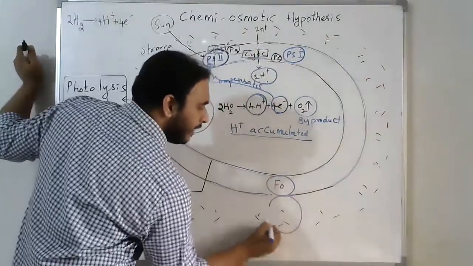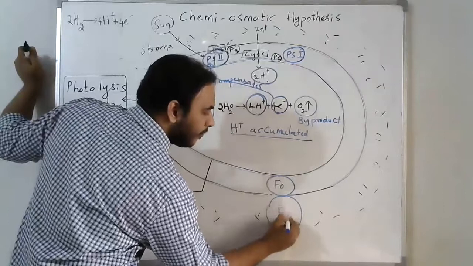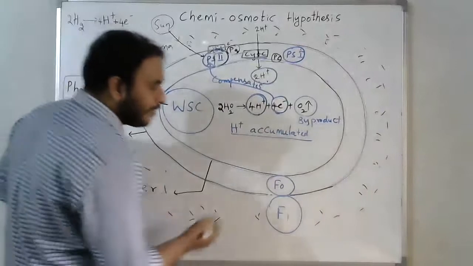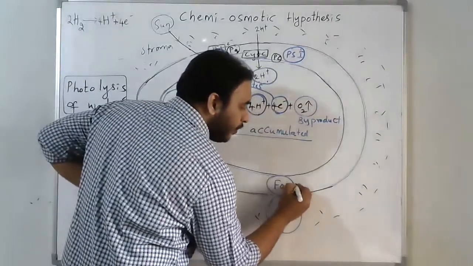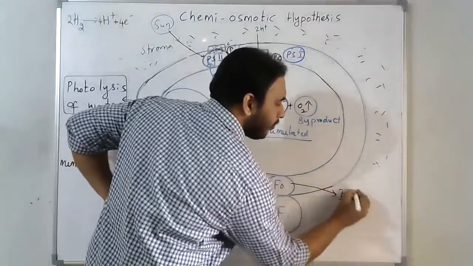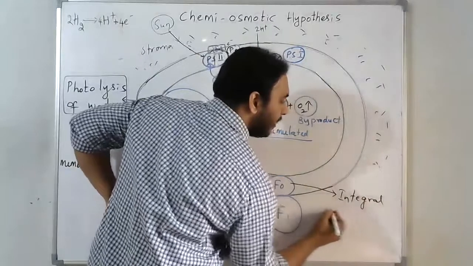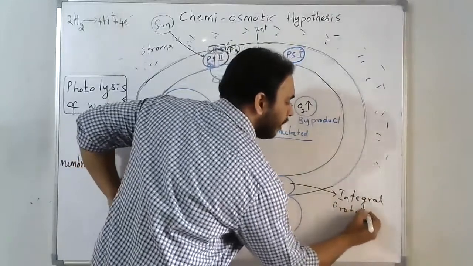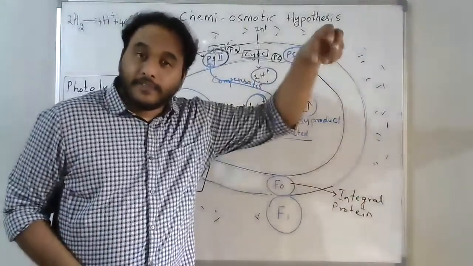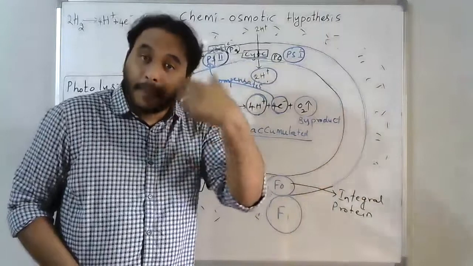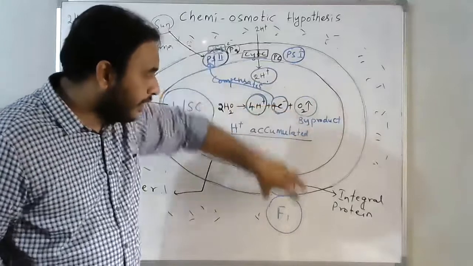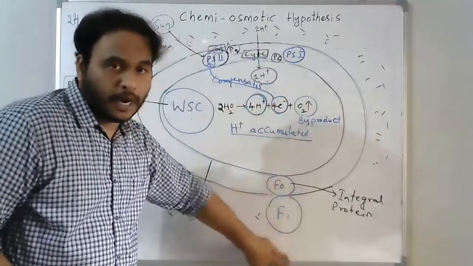F0 and F1 particles. I'll tell you what these two particles are. This F0 is nothing but an integral or membranous protein, which performs the facilitated diffusion of the protons from the lumen into the stroma.